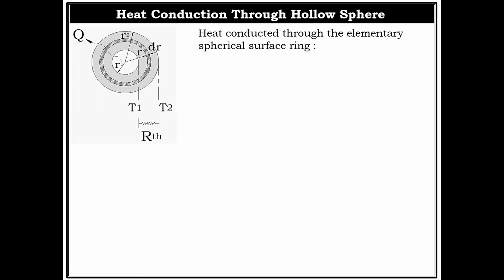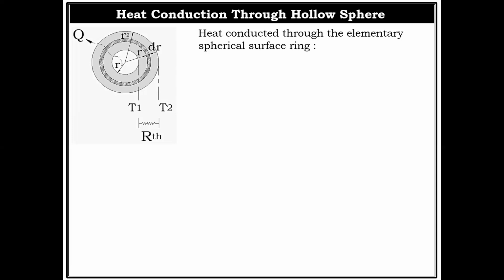Now, heat conduction through the elementary spherical surface ring. Why do we require this elementary spherical surface ring? If we consider heat transfer at radius r1, the surface area through which heat is transferring is different, and as we move towards the outer surface, at each stage the radius will increase, and as the radius increases, its surface area goes on increasing.